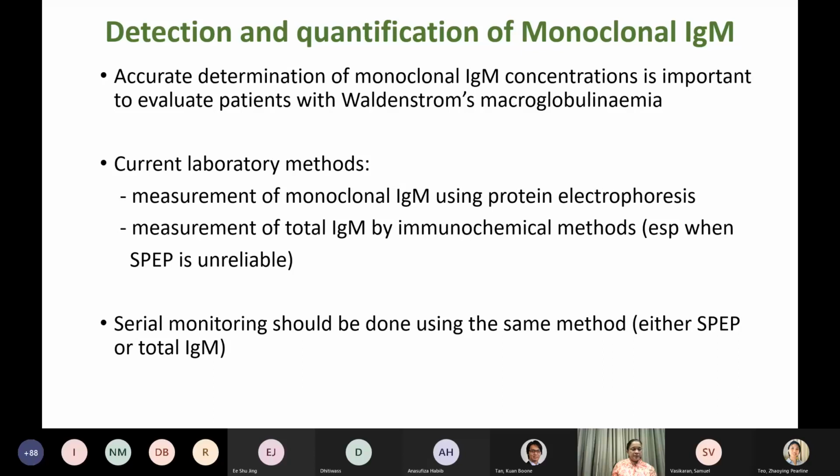But total IgM includes both polyclonal and monoclonal IgM and is usually higher than densitometric measurements. The overestimation is thought to be caused by accelerated immune complex formation due to the size and multimeric nature of the IgM molecule. So if we use densitometric measurements to monitor a patient, it would be good to use the same method for patient monitoring.